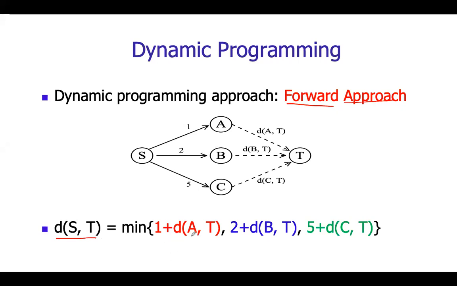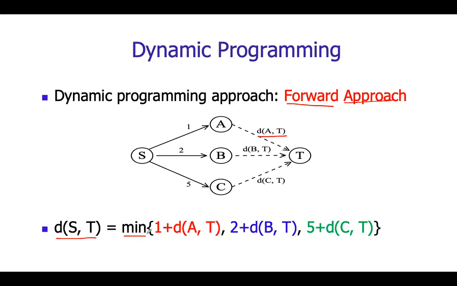Minimum of 1 plus D of A to T. S is reachable only up to A, B, C. So if I go to T via A, what is the distance? Distance of A to T. Again, I have to calculate this one.